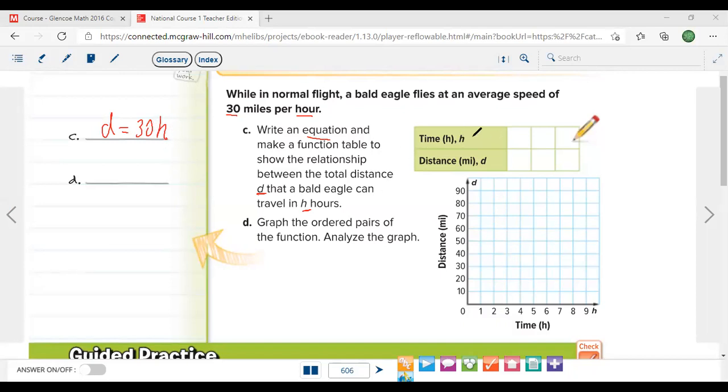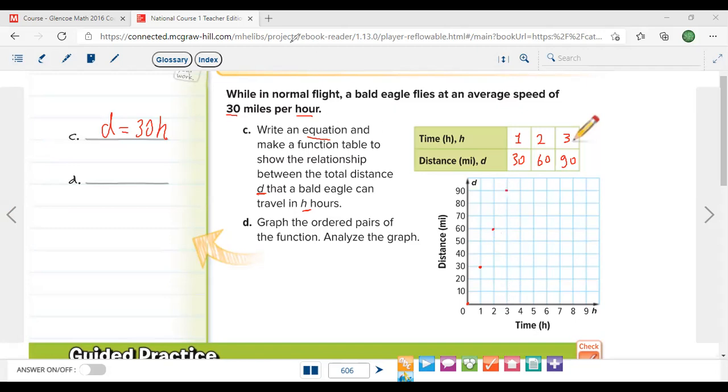Now, if the number of hours is 1, this will be 30. If number of hours is 2, here 30 times 2 will give you 60. Number of hours is 3, so 30 by 3 will give you 90. Now, if it didn't travel, it would be 0. So 0 up to 0, 1 up to 30, 2 up to 60, 3 to 90.